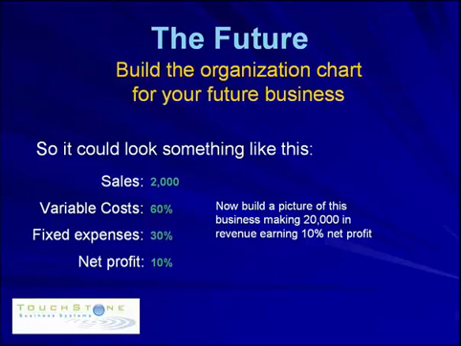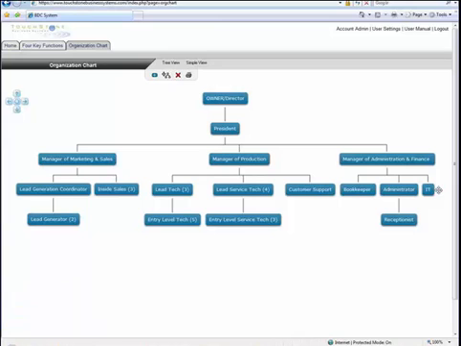So on a simple spreadsheet, or if you don't like spreadsheets, on a piece of paper, it doesn't matter, put down what your sales are now, what your variable costs are, what your fixed costs are, and what your net profit is. Then project it quarter by quarter until at the end of 2 years you get to these goals that you have made. Then look at your organization chart and think about this balancing act that we talked about, the balancing act between sales and operations.